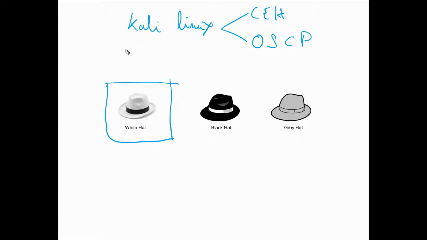And the other operating system, which has a little bit more tools than Kali, is called Parrot OS. Parrot OS has a little bit more tools than Kali, but personally I prefer Kali.